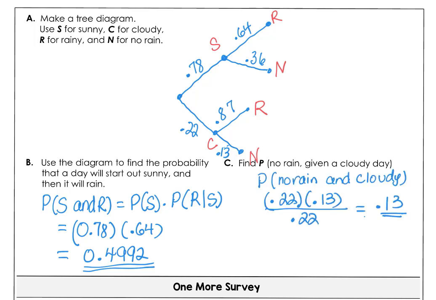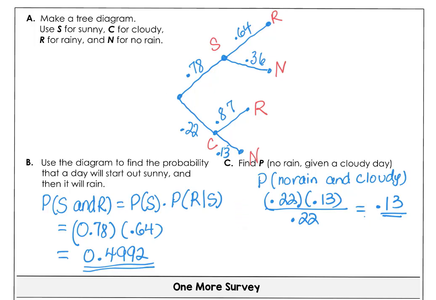And using our formula from the last lesson, we'd say the probability of A and B, so 22% times 13%, divided by the probability of A, which is 22%. And that way you can see how we can use the formula or look at our tree diagram to get that information.